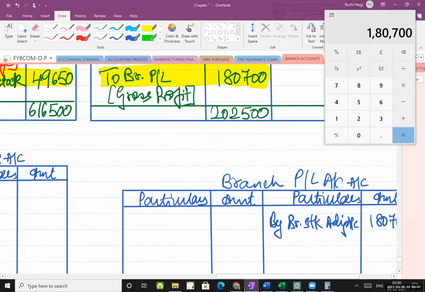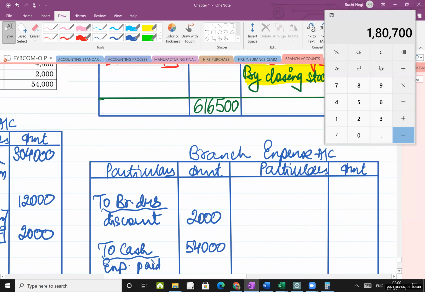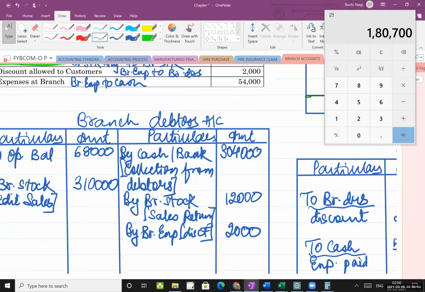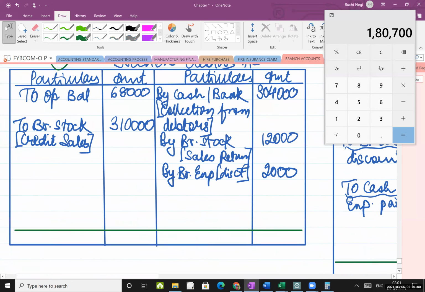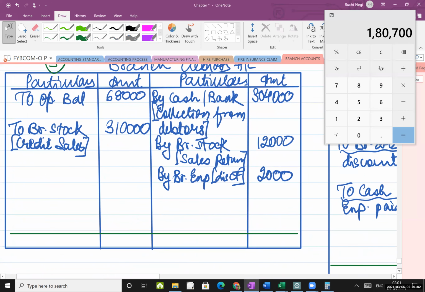Okay, next, the third one. Let us close branch debtors. 68,000 plus 3 lakh 10 is 3 lakh 78,000.